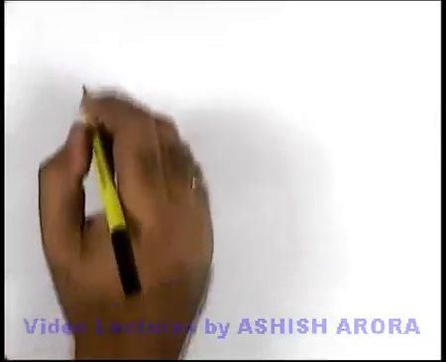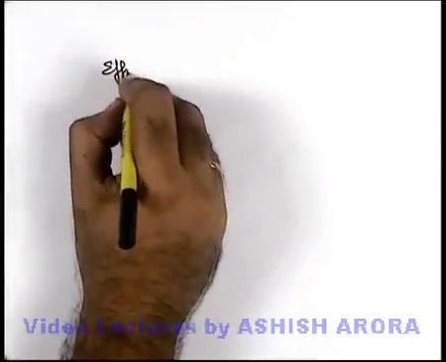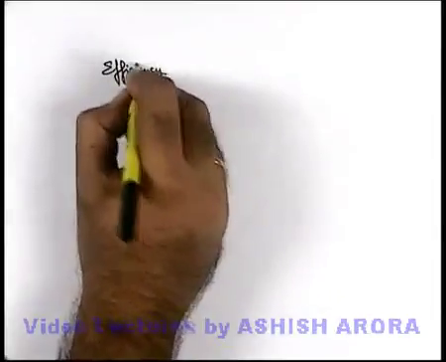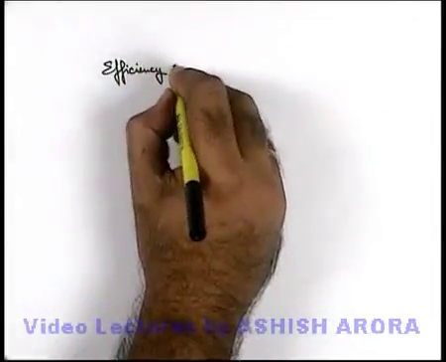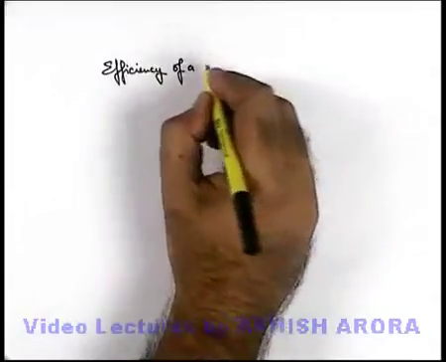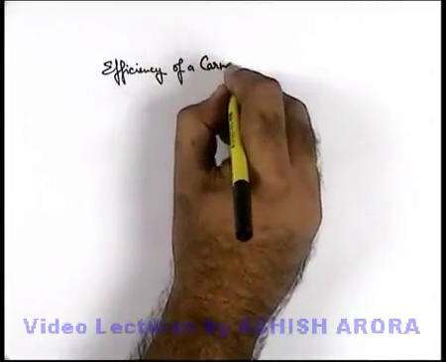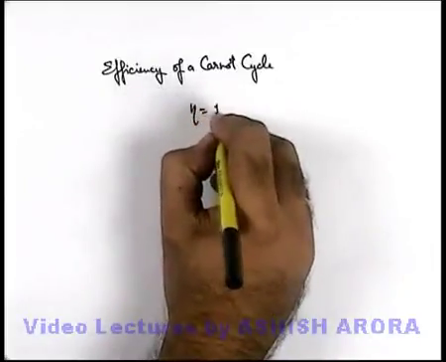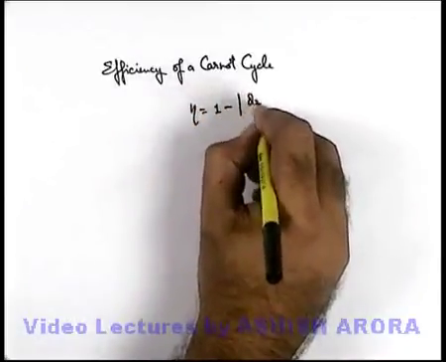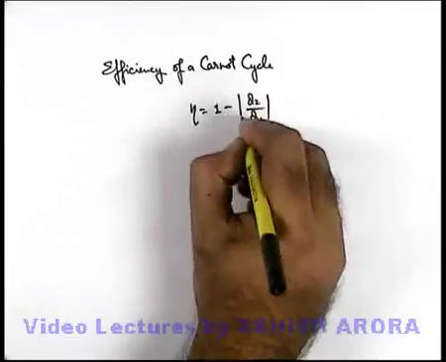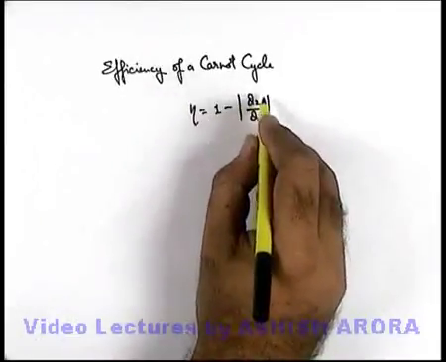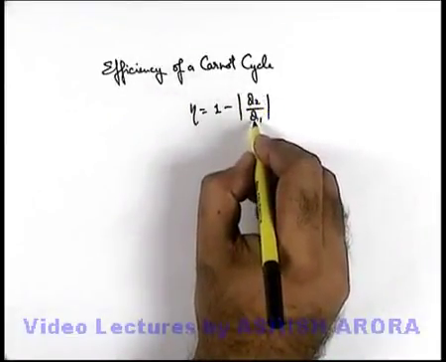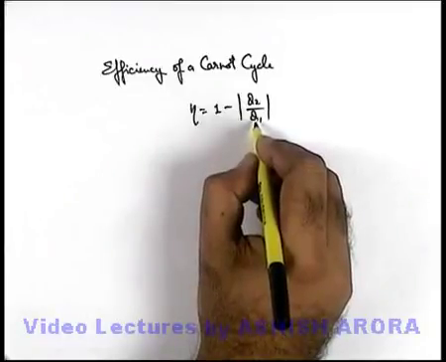Now, if we calculate the efficiency of a Carnot cycle, we know well that the efficiency of a cyclic process or of a heat engine can be given as eta is equal to 1 minus mod of Q2 by Q1, where Q2 is the heat rejected by the system and Q1 is the heat supplied to the cycle.